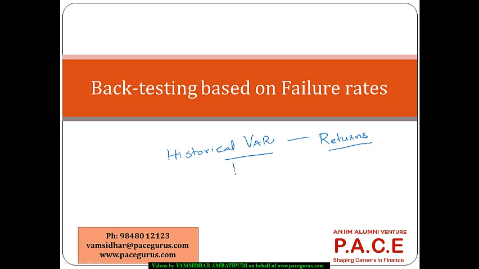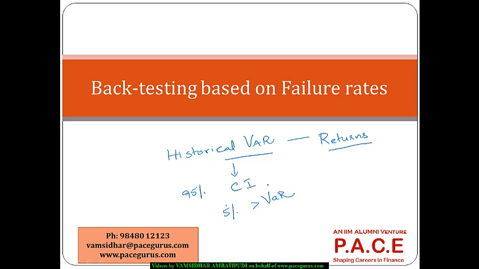Now, first of all, we all appreciate the fact that VAR is always at some confidence level only. So if I am saying 95% confidence level VAR, it means that at 95% confidence, 5% of the observations are going to exceed the VAR. That is the meaning of it, right?